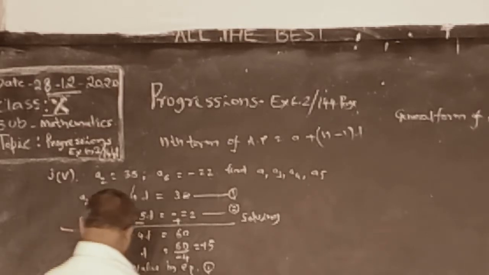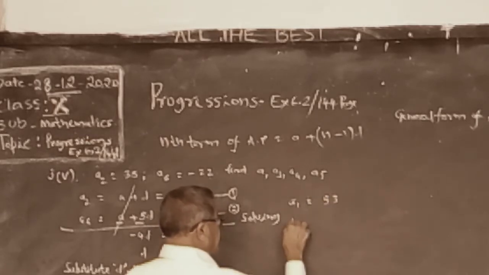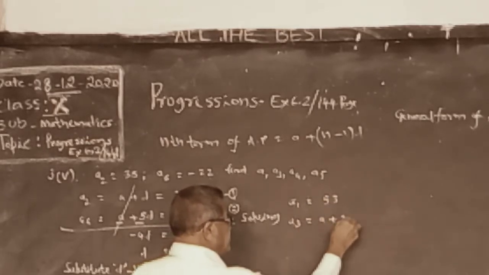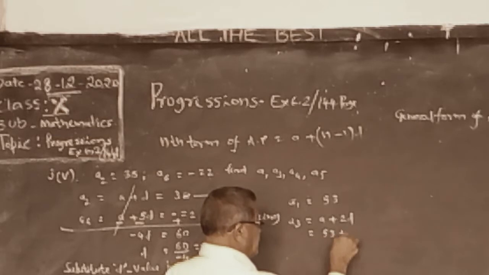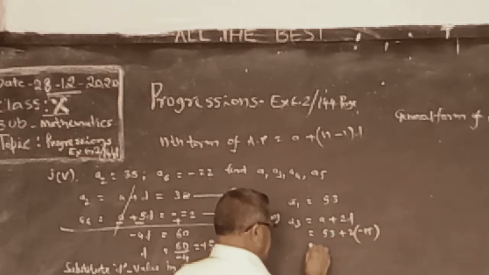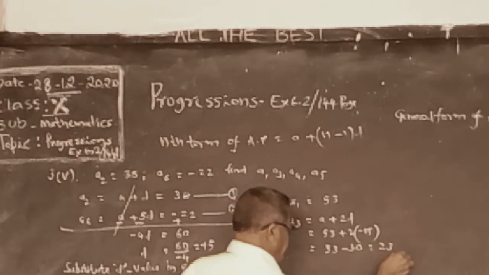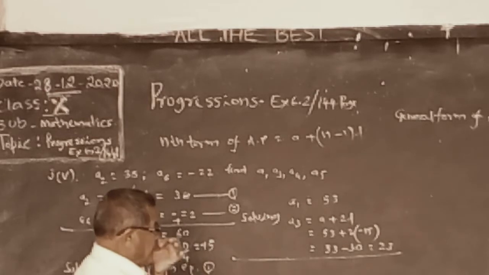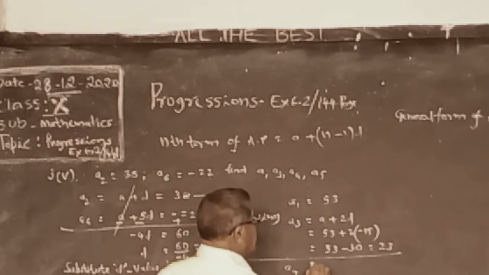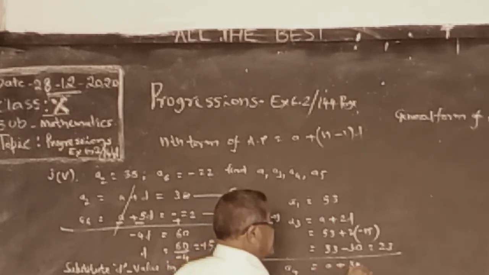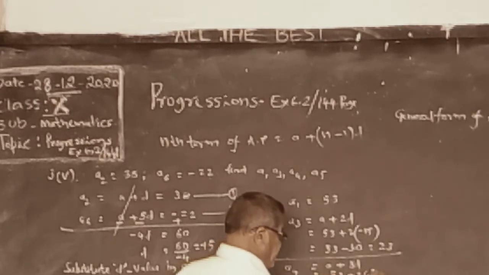Now we have to find the remaining terms. A1 is 53. A3, A plus 2D. A value 53, D value minus 15. So 53 minus 30 is 23. And A4. What is A4? A4 is A plus 3D. A value 53, D value minus 15.